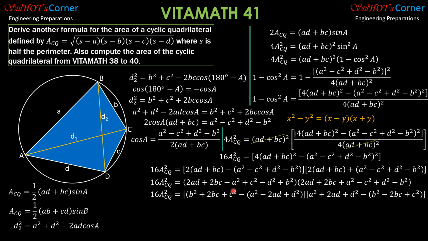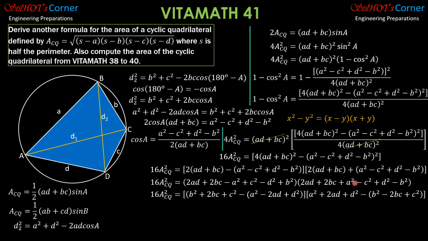So let's check that we have positive B squared, then 2BC, which is this, plus positive C squared, then minus quantity A squared, so that we have negative A squared, then minus 2AD, so that negative of negative 2AD is positive 2AD, which is this, then plus D squared, so that negative of D squared is negative D squared, which is this, so it's correct.